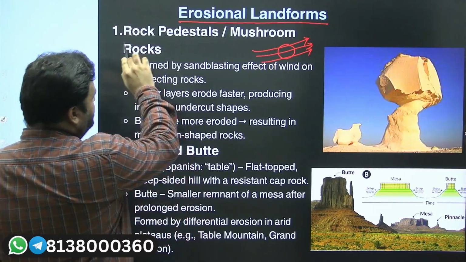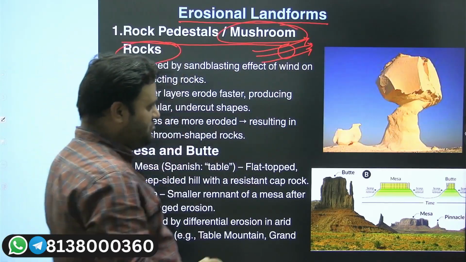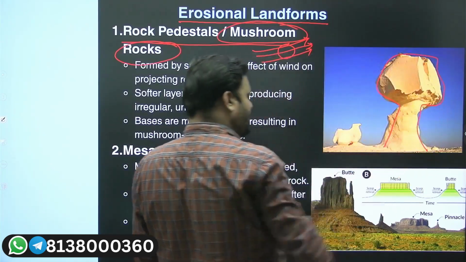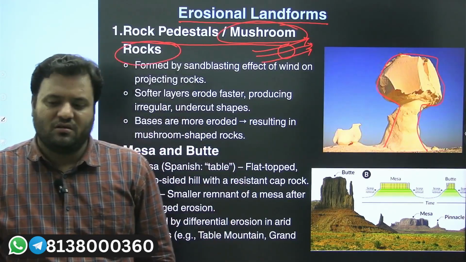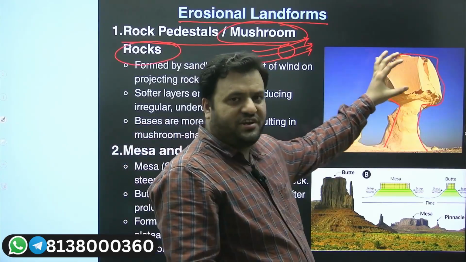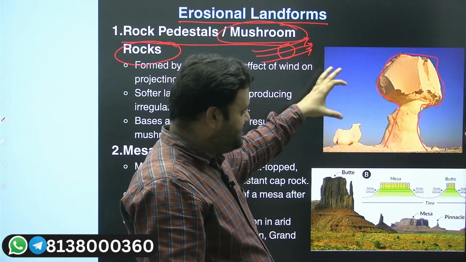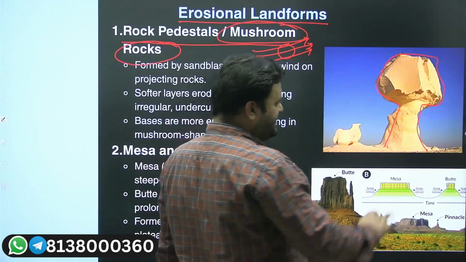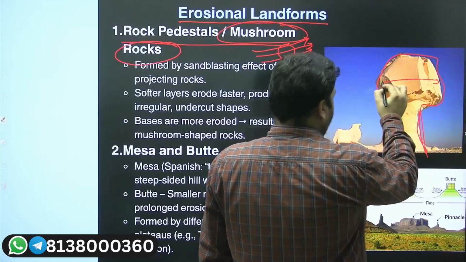So, rock pedestal or mushroom rocks, you can say. Now what is this mushroom rock? This is the mushroom rock. You might wonder why it has this kind of shape, the mushroom kind of shape, why it has a thinner appearance here and a broad appearance at the top.